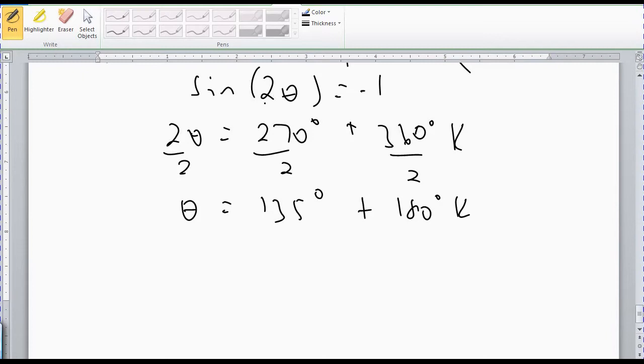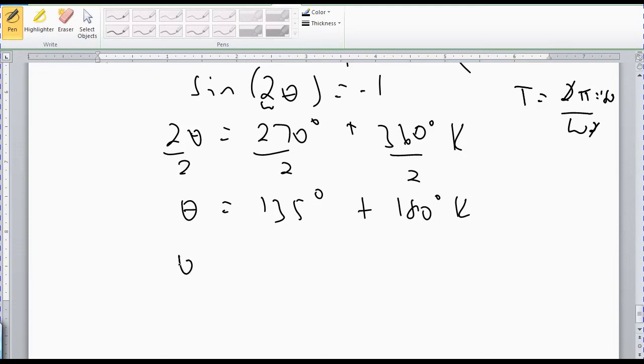When I deal with 2 theta, or anything that changes the period, because if you remember, there's a formula that says the period is equal to 2 pi divided by the omega, and this is your omega. It affects the period. So I have to always consider all the possibilities for this new period. And that new period is 180 degrees, because when I divide 2 pi by 2, pi is the same as 180 degrees.